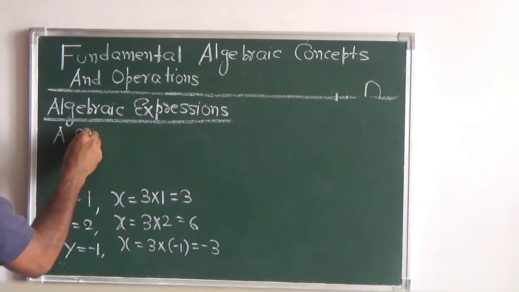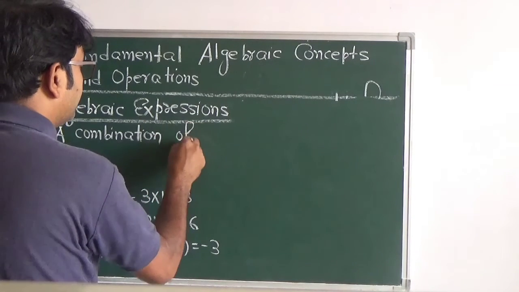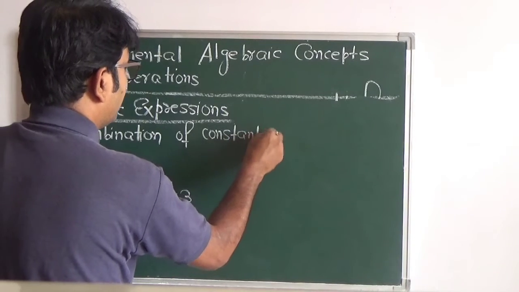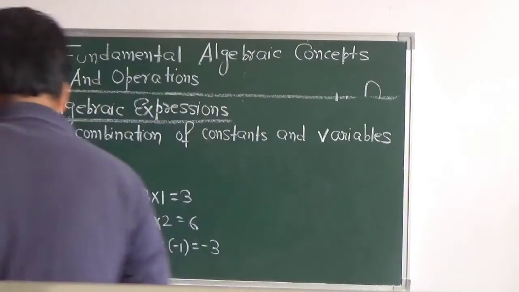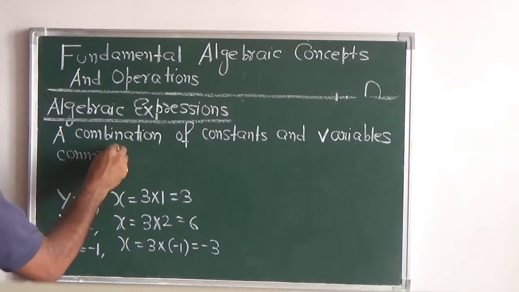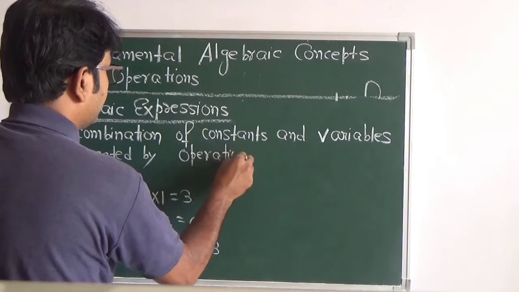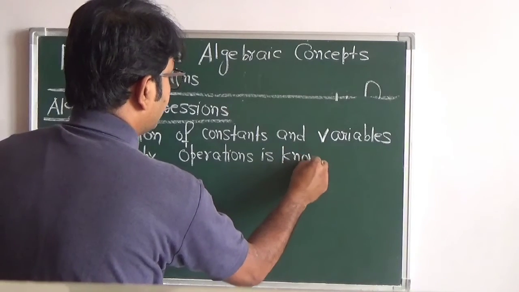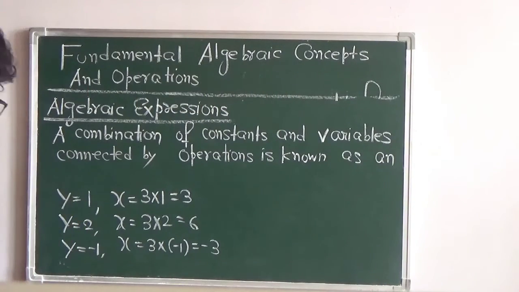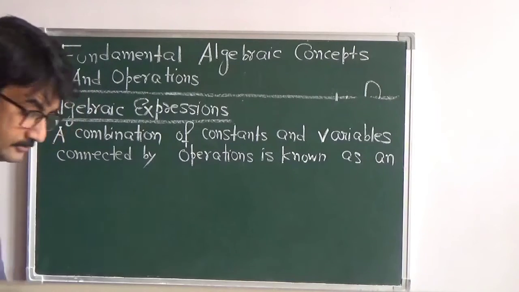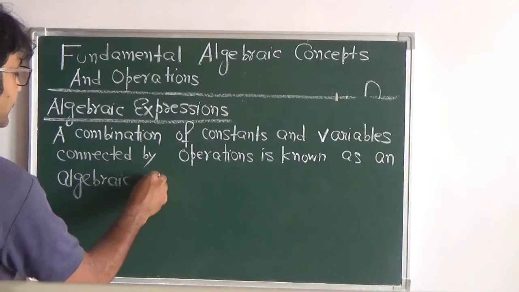A combination of constants and variables connected by operations is known as an algebraic expression.